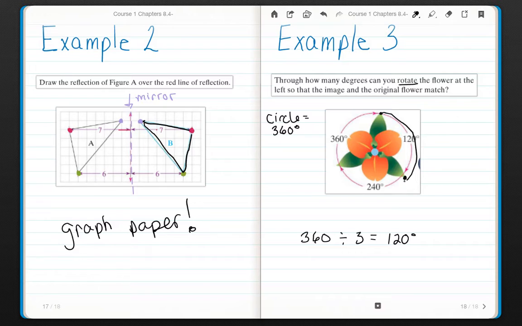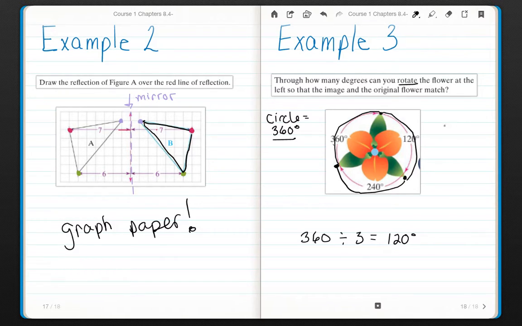I can rotate it then another 120 degrees. Oh, too far. For a total of 240 degrees. And then I can rotate it the rest of the circle so that it's back to the original, and I've rotated my image all the way around a full 360 degrees.